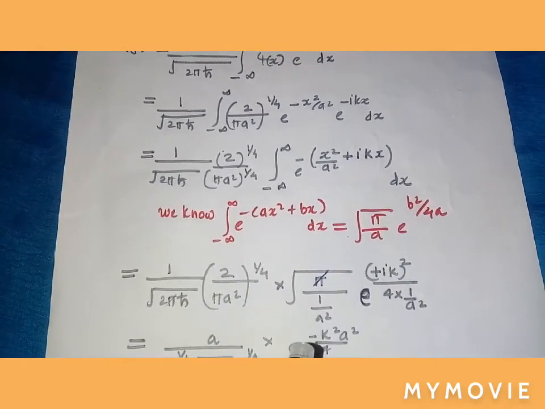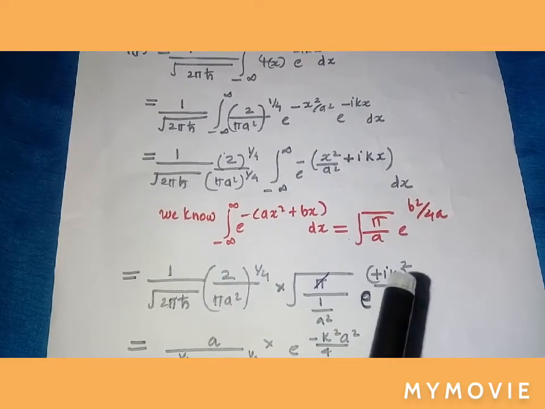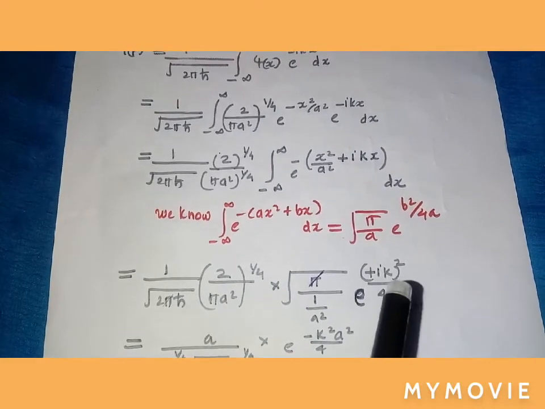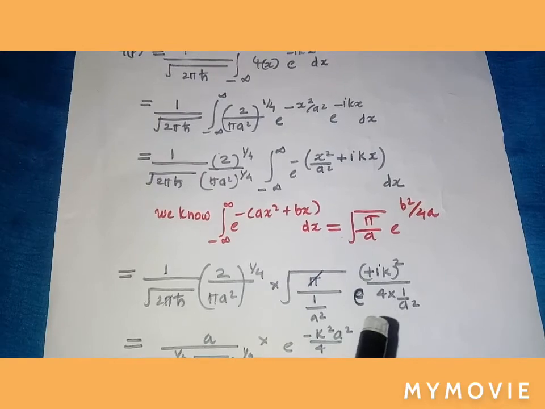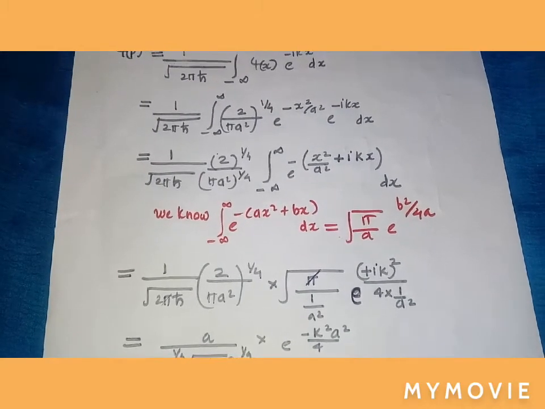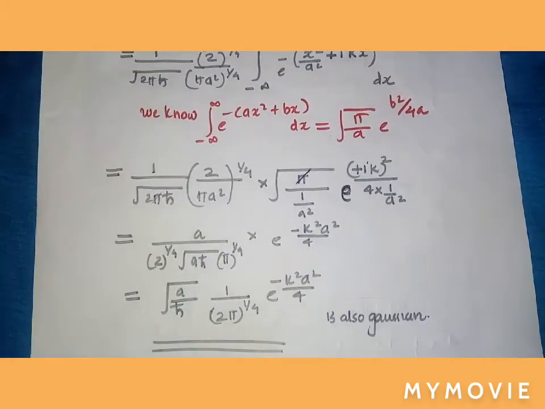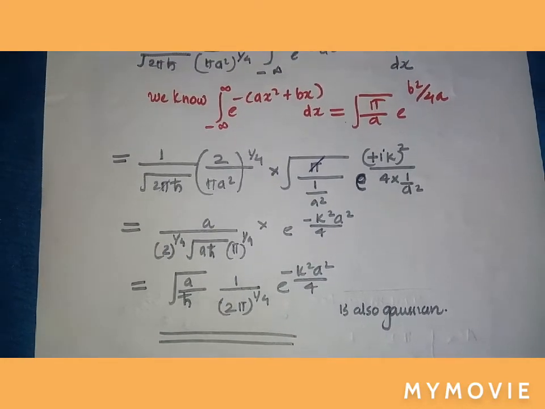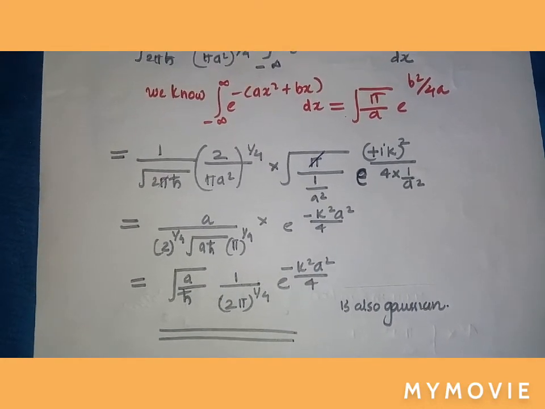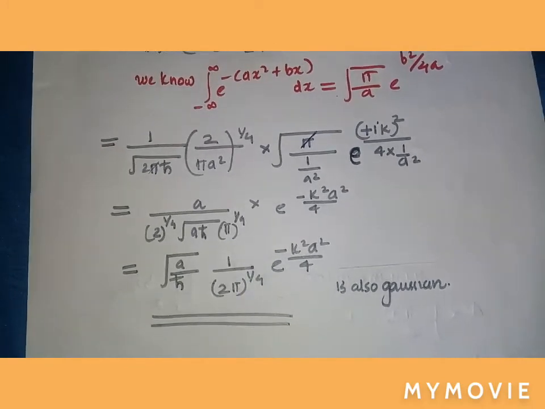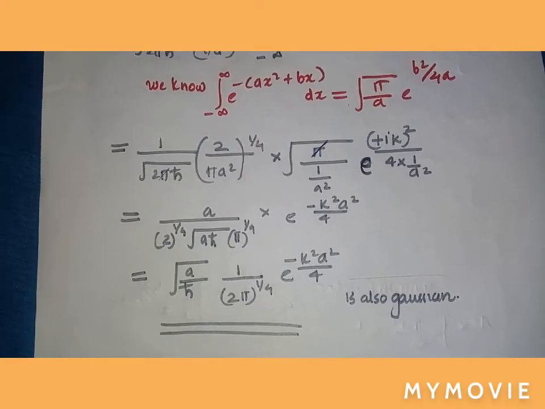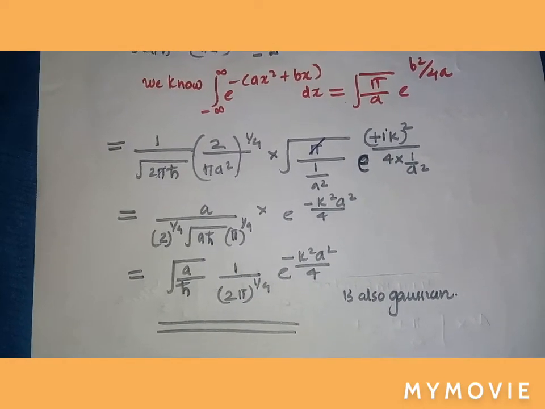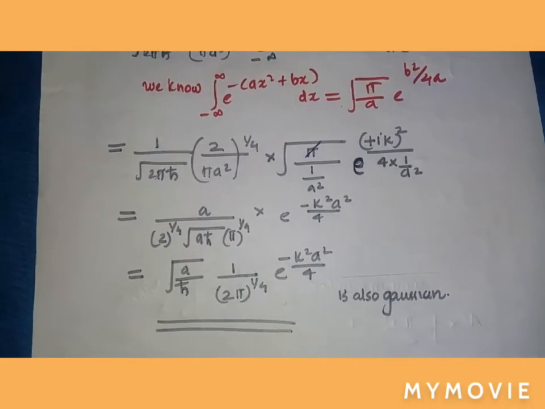So under root pi by a, with a as 1 by a square, e raised to (ik) all square divided by 4 into 1 by a square. Substituting these and taking out the common variables, we get the answer as (under root a by h cut, 1 by 2 pi) all power 1 by 4 e raised to minus k square a square divided by 4, which is also a Gaussian.